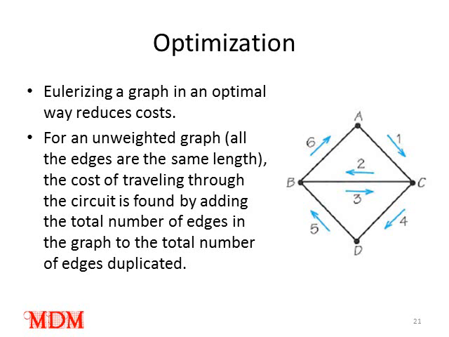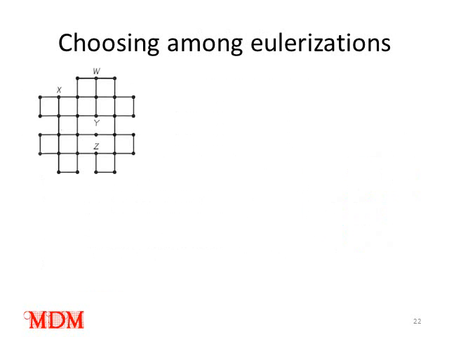In this case, there are 5 edges in the graph. One of those edges was duplicated, so the total is 6. Now, there are many possible Eulerizations, and we know that we want to pick a better or a best Eulerization.